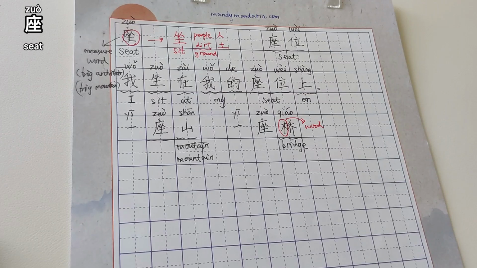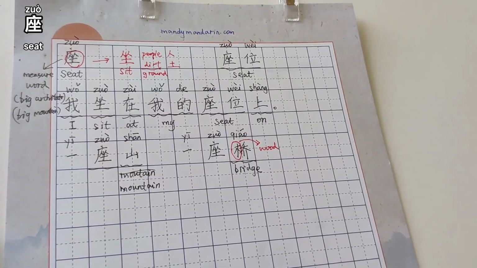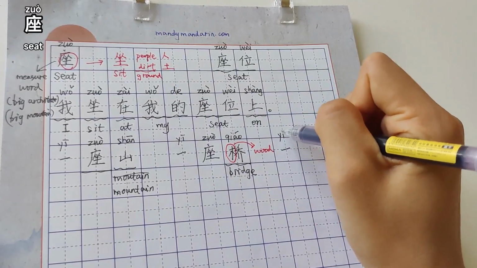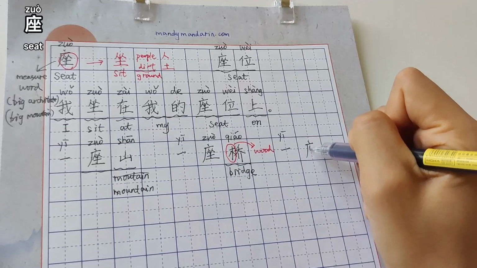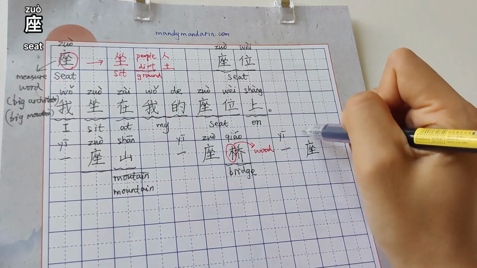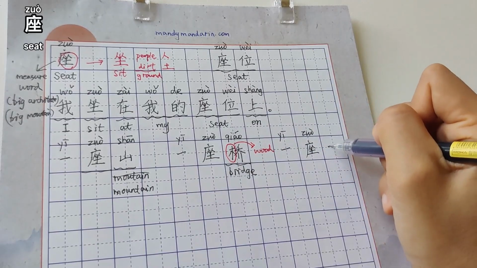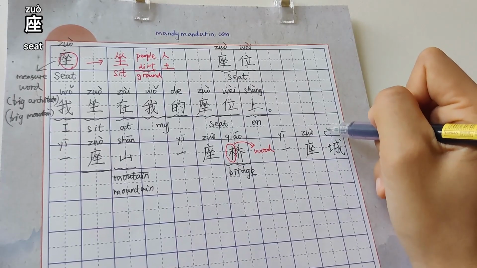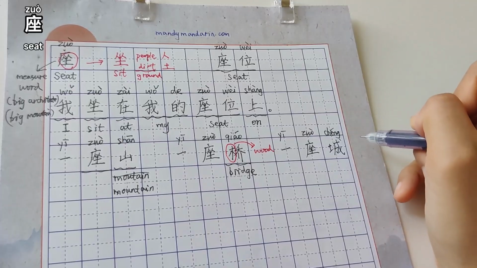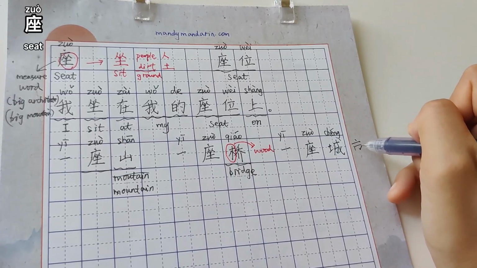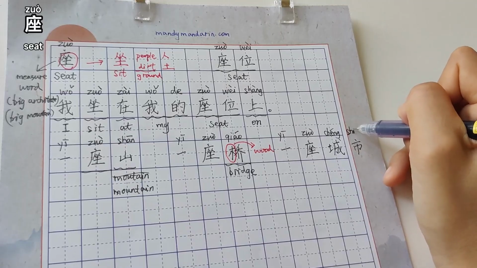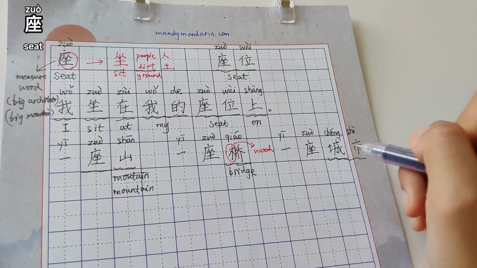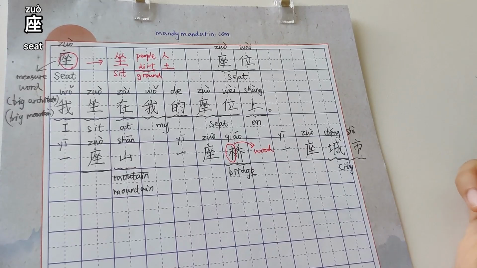So with a lot of architecture, and then you can have 一座城市, it's a city.